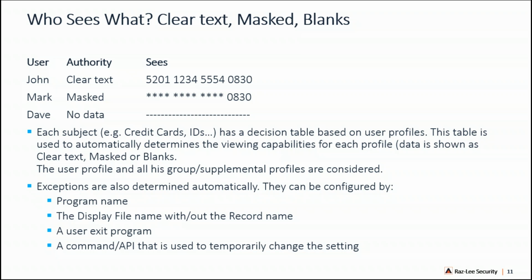In order to achieve this result, the user profile that is currently attempting to access that record, which contains the encrypted field, is received. And not only the user profile, but also all his group profile and supplemental profiles, and we check them all in this decision table in order to be sure at the end that it is allowed for him to see the data in clear text. So this is the way that we work.